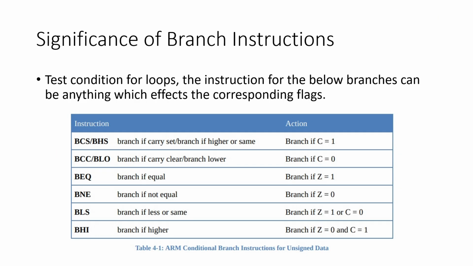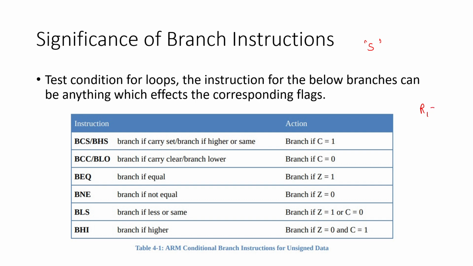Moving forward, we have another type of branch instruction, wherein we are not directly using the compare function, but the flags are getting affected. For example, as I mentioned in the previous slide, adding a suffix S to the arithmetic operations will affect each and every flag in the CPSR. Now let us take an example.